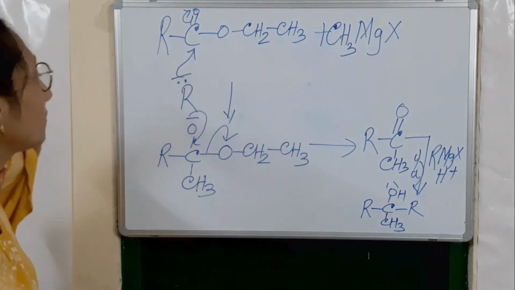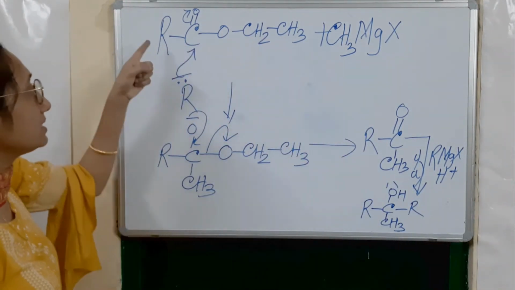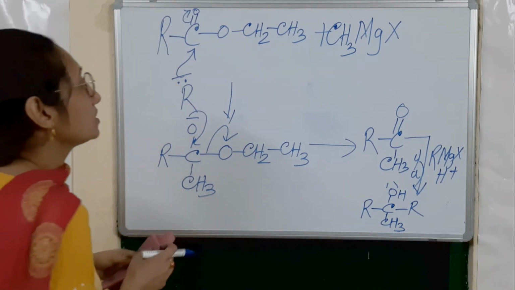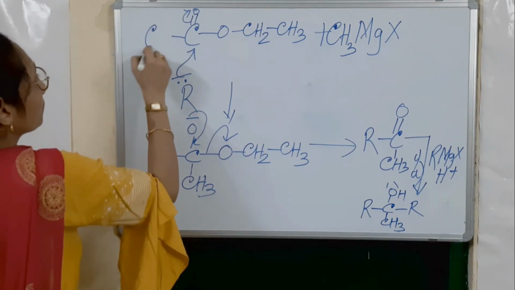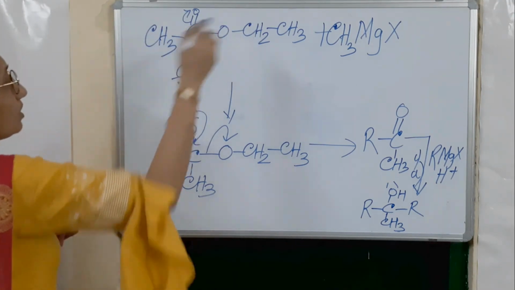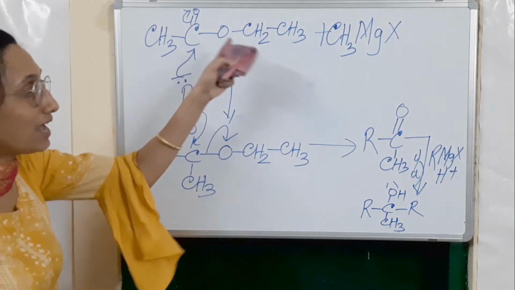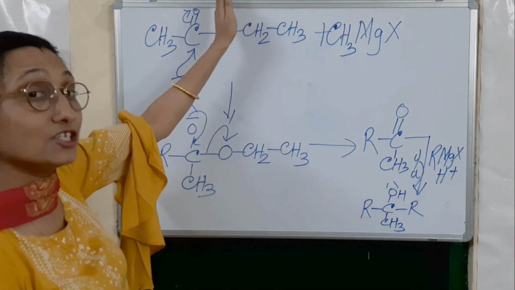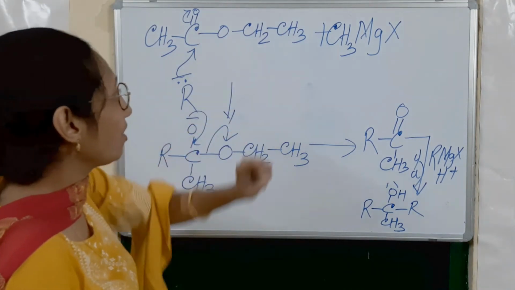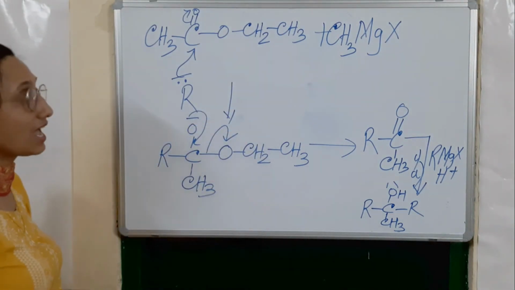Now suppose your ester contains CH3. What is the name of this ester? What is the mother acid? The mother acid is acetic acid and the name of this ester is ethyl acetate.